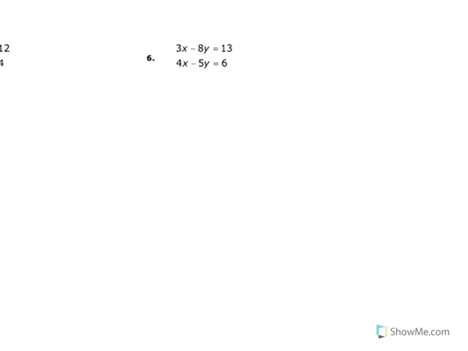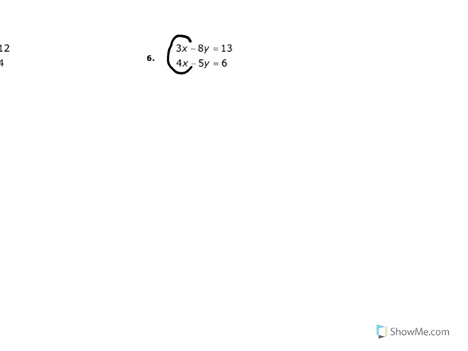On this particular set of equations, these are both negatives right here, so I could maybe multiply the top one by negative 5 and the bottom one by positive 8, and we would end up with negative 40 down here, and we would end up with positive 40 up top. So that's one way you could do it.